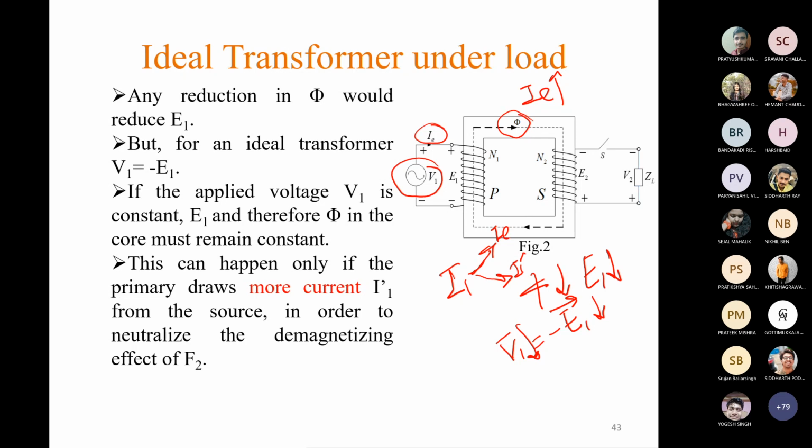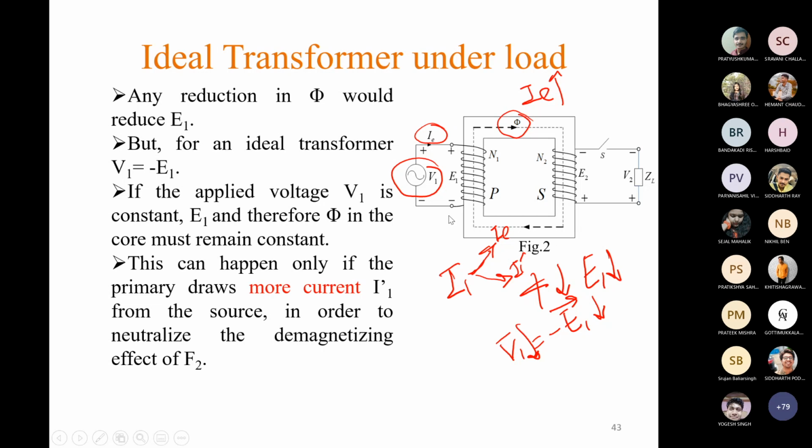Demagnetizing means the effect of reducing the flux phi. Phi is magnetic flux, which means it will magnetize the ferromagnetic core, and I2 is opposite. I2 is in such a direction that it will produce its own flux phi 2, which is in opposite direction to that of phi. That means it will try to magnetize the core in opposite direction. That is demagnetizing to the phi. Okay.